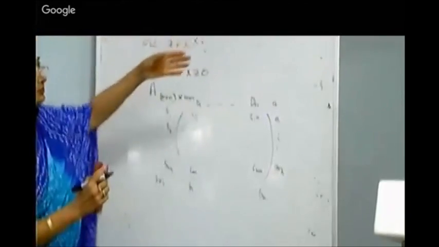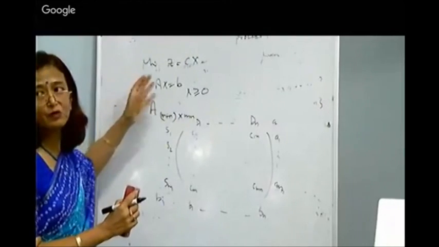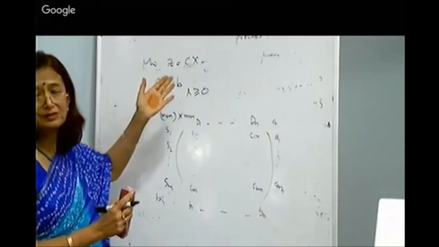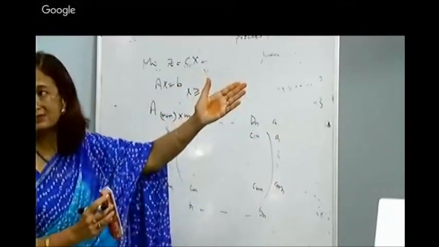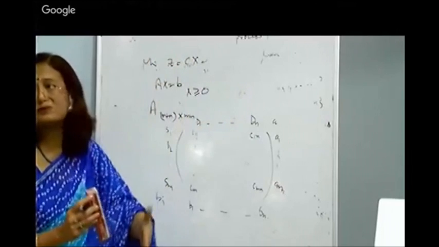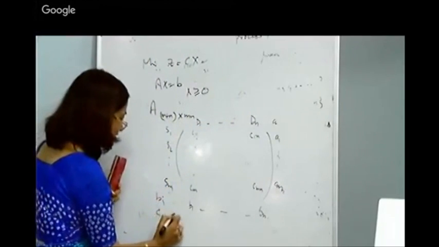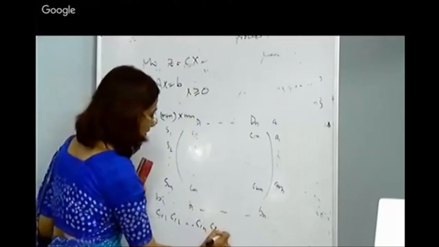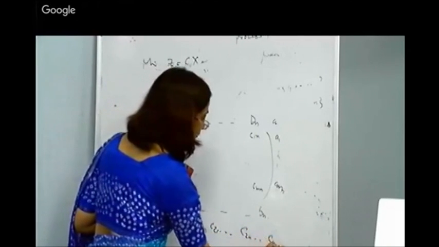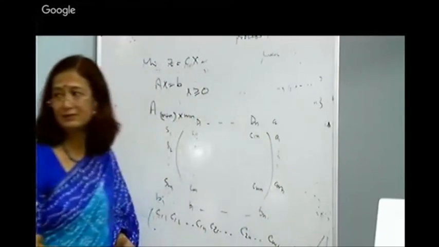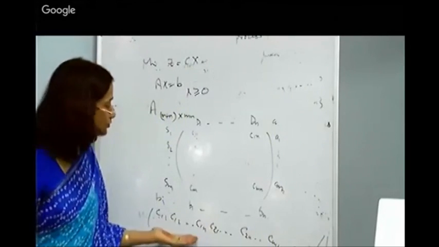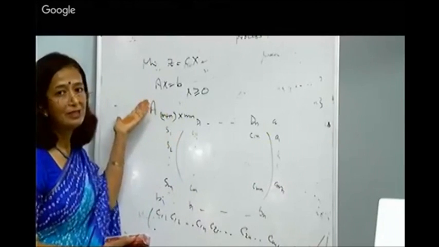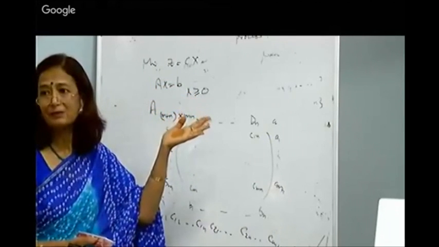You can write this problem like this, where C is C11, C12, up to C1n, matrix here, right? Same way the X vector, you can write it in vector form also. You can write it as C11, C12, C1n, C21, C2n up to CM1, CMn, and you are multiplying this with the same for X. If you wish, you can write it as a matrix also. So this is a linear program. Therefore, again, the simplex method can be employed to solve this problem.